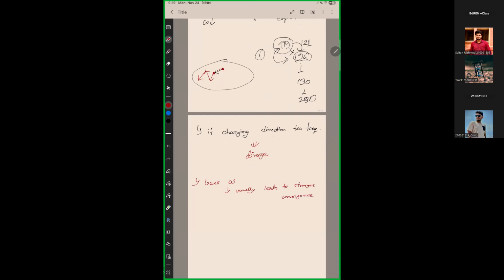Why so? You see, when you have low omega, particles are able to change.